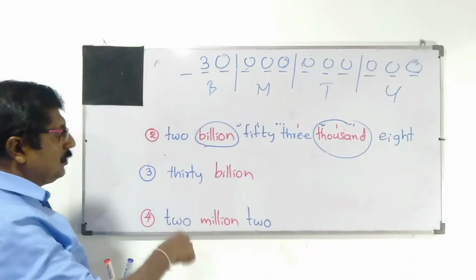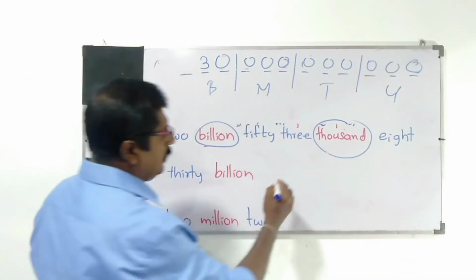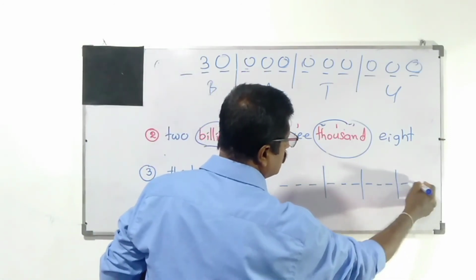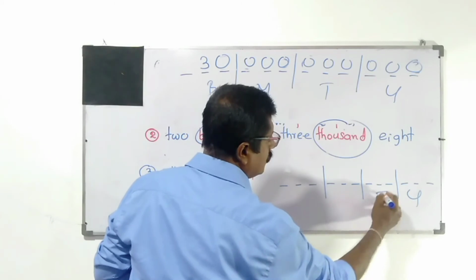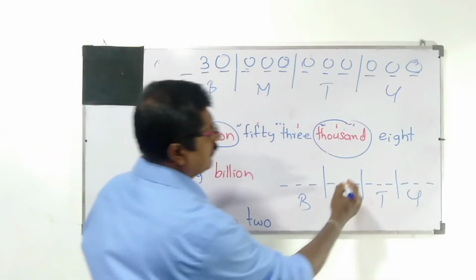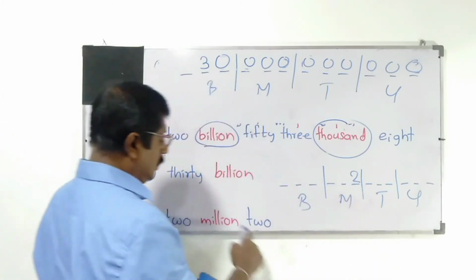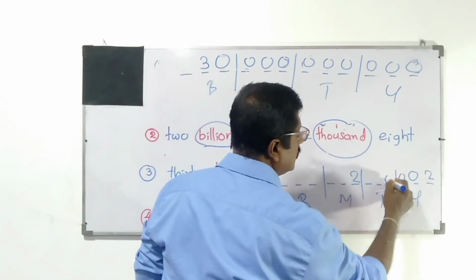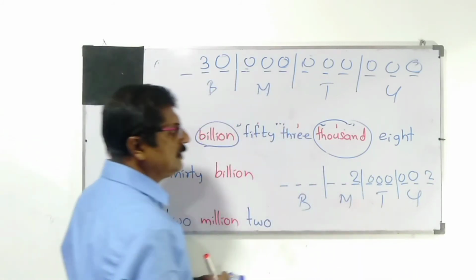Last one, 2 million 2. 1, 2, 3, 1, 2, 3, 1, 2, 3, 1, 2, 3. Unit, thousand, million, billion. 2 million. 2. These ones, all zeros.